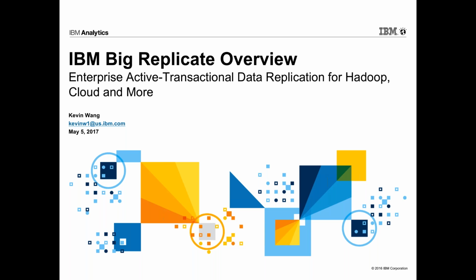I'll also talk about some of the technical aspects of this product offering, and we'll end with some of the common use cases that enterprises use Big Replicate for. And as Anna alluded, we'll leave some time at the end for question and answer. Okay, with that, let me just go ahead and get started.